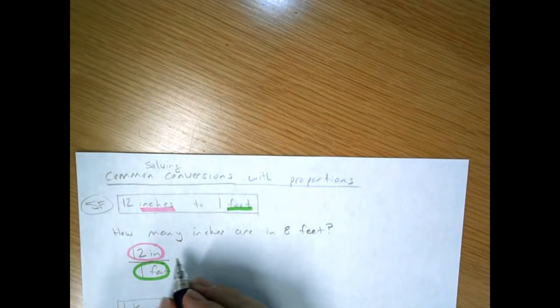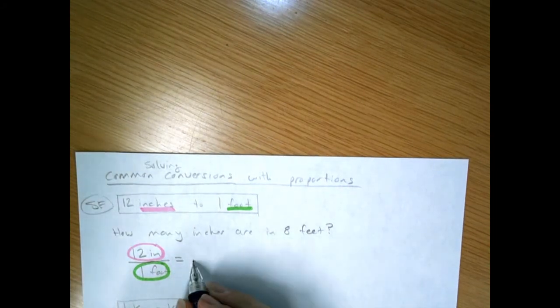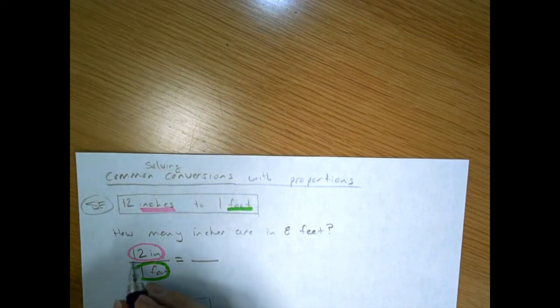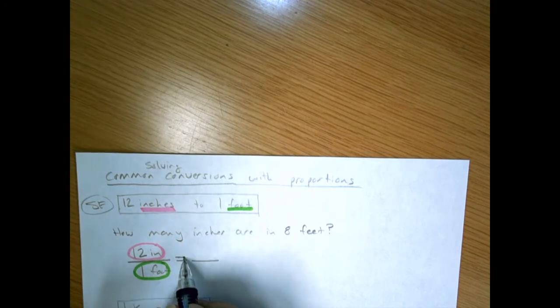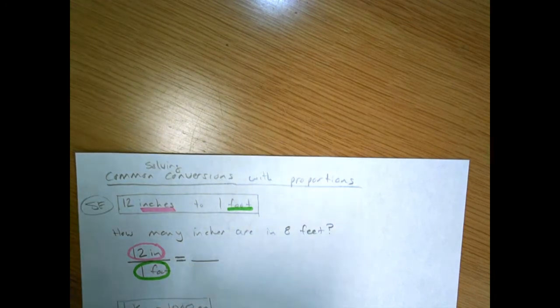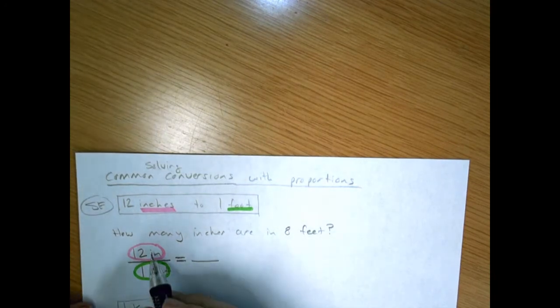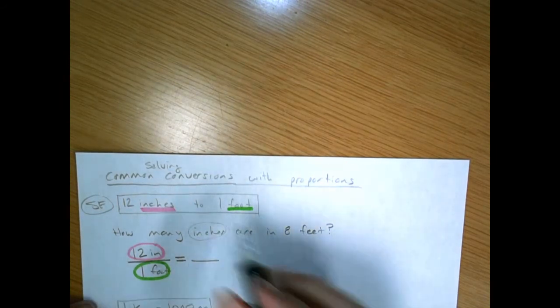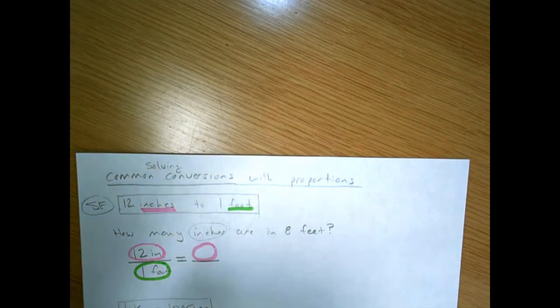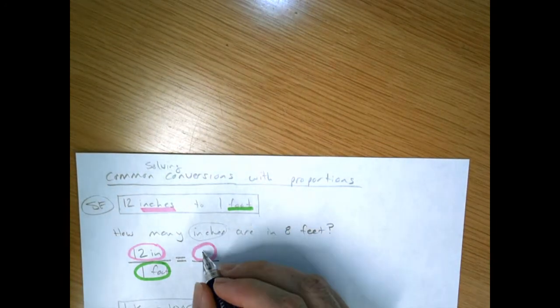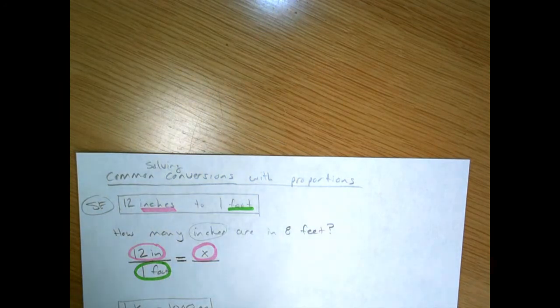I'm going to set that equal to another fraction, and this is going to be a proportion, which means in order for this to work, I need to make a proportional relationship. So I know that 12 inches are in 1 foot. I want to find out how many inches, which I don't know yet, so we can call that number x, are in 8 feet.